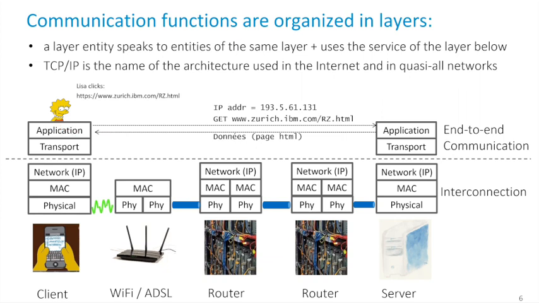Well, a layer is nothing else than the classical problem we have in any complex system, which is modularity. We need to make a system made of pieces called modules that have well-defined interfaces such that I can interact with the module by knowing only the interface. This is what we do when we interact with our PC or our smartphone.